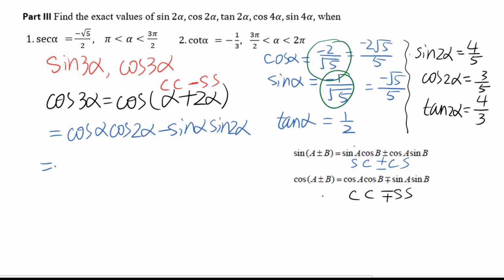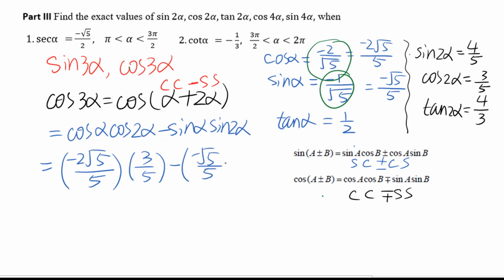We plug in cosine alpha, that is negative 2 square root of 5 over 5, times cosine 2 alpha is 3 over 5, minus sine alpha is negative square root of 5 over 5, times sine 2 alpha is 4 over 5.